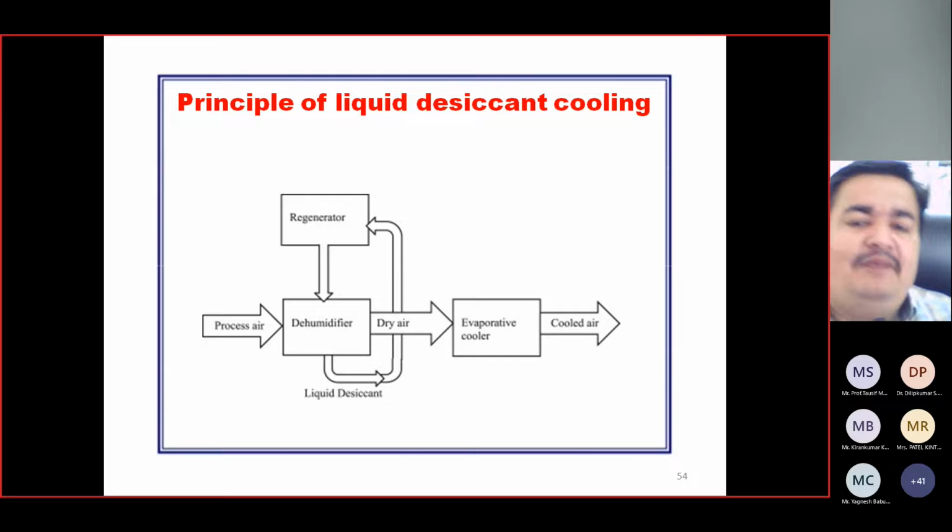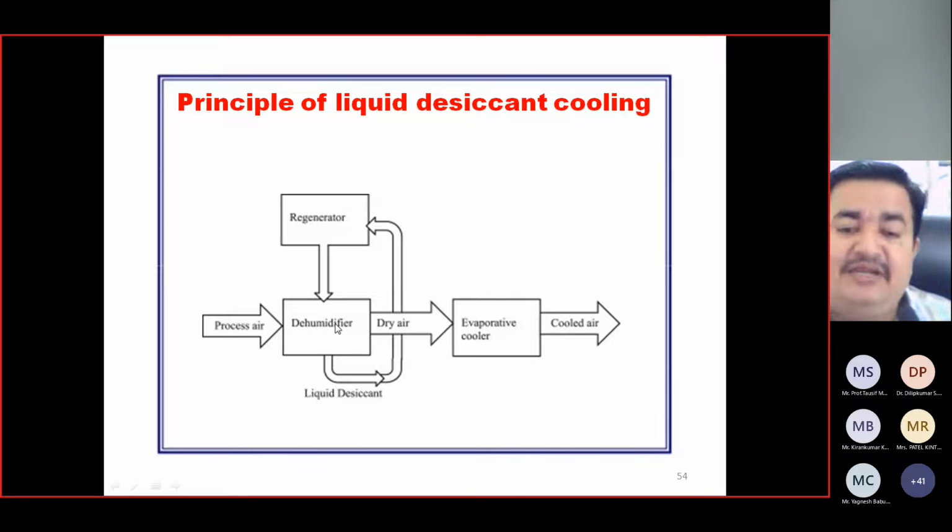Now, what will be the principle of desiccant cooling? First of all, we provide moisture-laden process air to flow through the dehumidifier. When air flows through the dehumidifier it gets drier, by the principle I explained earlier, and then it can get sensibly cooled by passing over to the evaporative cooler, and at the end the cooled air is available to be sent to the comfort conditioning.